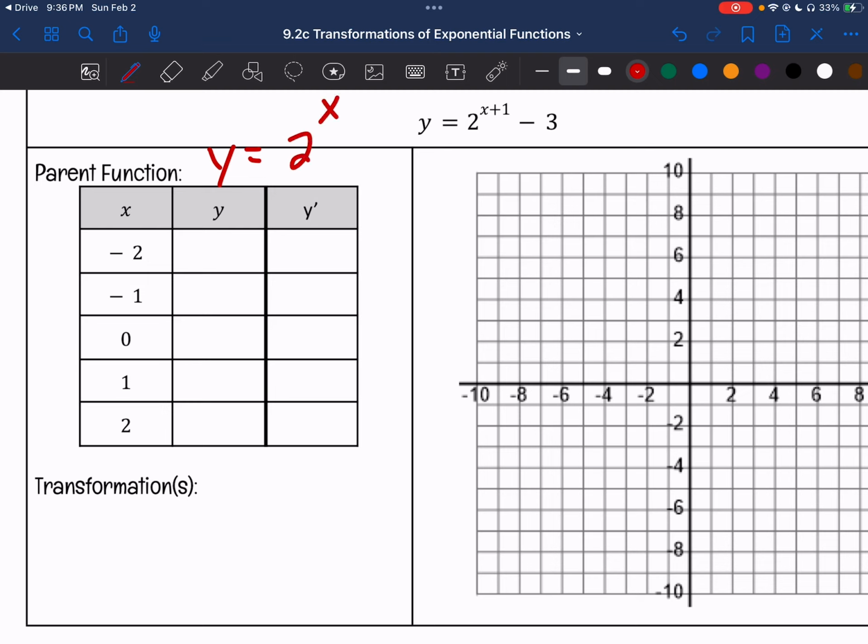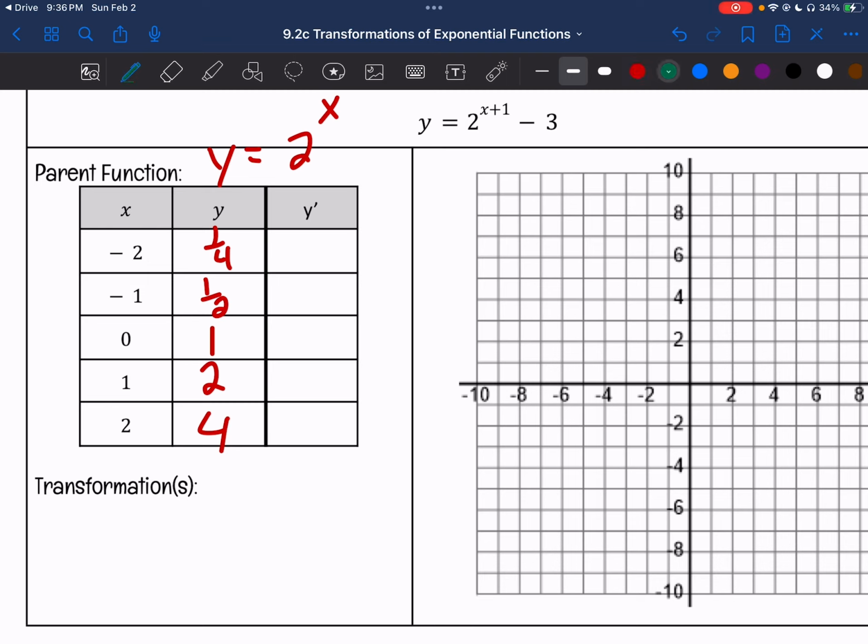That's our parent function. So let's get some data points to work from. If we put in a negative 2, we get 1/4. If we put in negative 1, we get 1/2. 2 to the 0 is 1. 2 to the first is 2. And 2 squared is 4.